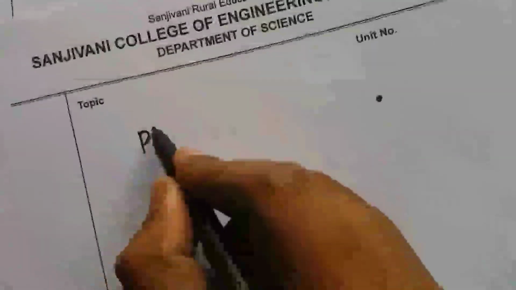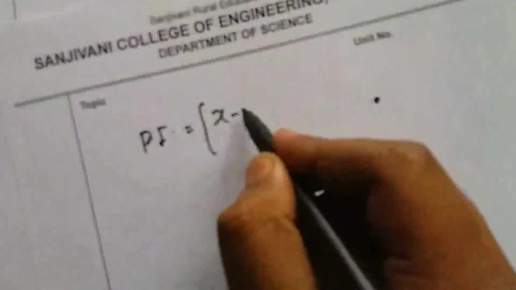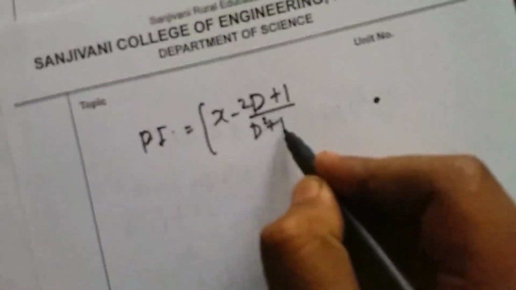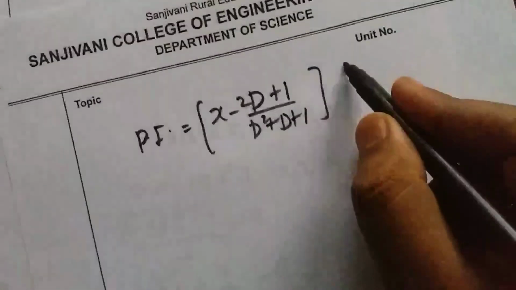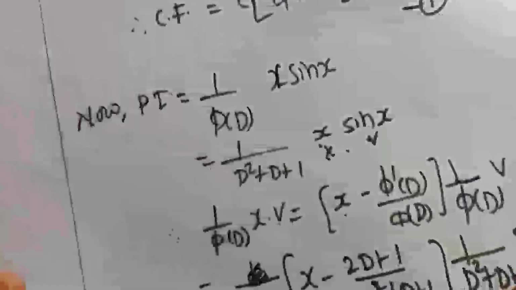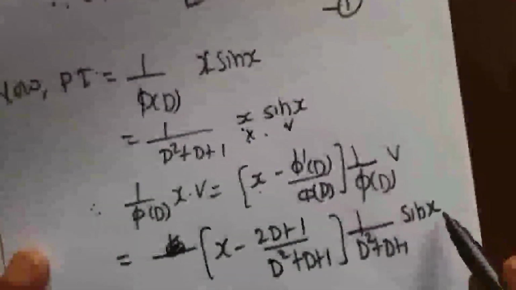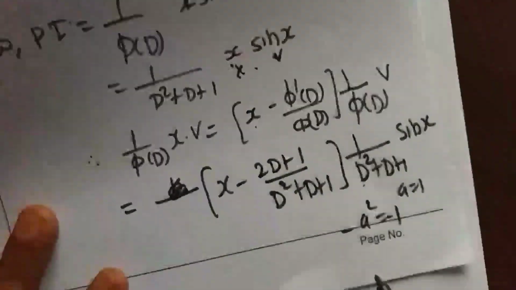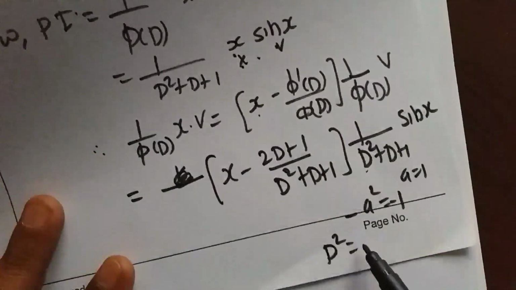So PI equals x minus D, derivative is 2D plus 1 divided by D square plus D plus 1, upon. Now here we have a sine function, right? So we are going to simplify this using the method of sine. Here the value of a is 1, so a square will be 1 and minus a square will be minus 1. So we'll replace D square by minus 1.